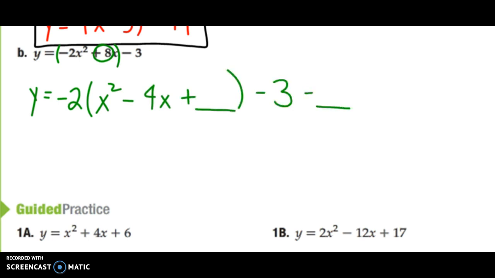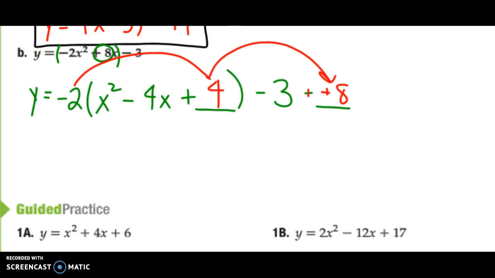Just like we did before, we said half of negative 4 is negative 2. Negative 2 squared is 4. And because there's something on the outside, I have to multiply it by 4 before I can put it in the blank. So negative 2 times a positive 4 is negative 8. And you'll see minus a negative is really adding.